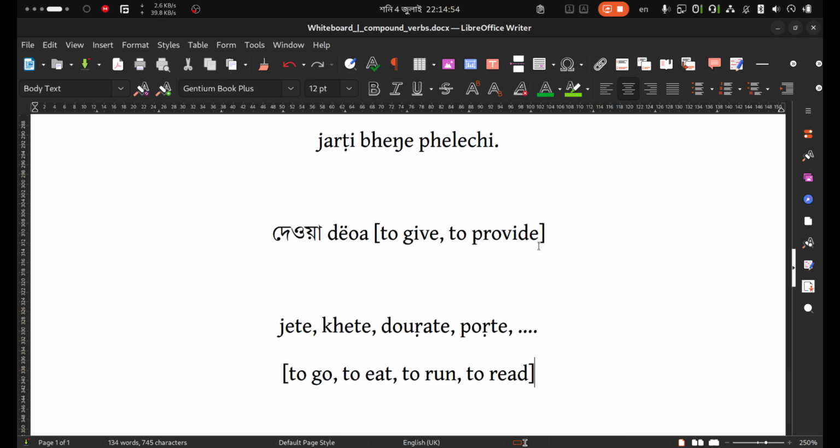Dewa is a verbal noun. In this form, dewa, the a ending is the verbal noun. I have already said, but that is the dictionary form. We could also write the meaning like that, giving, providing.